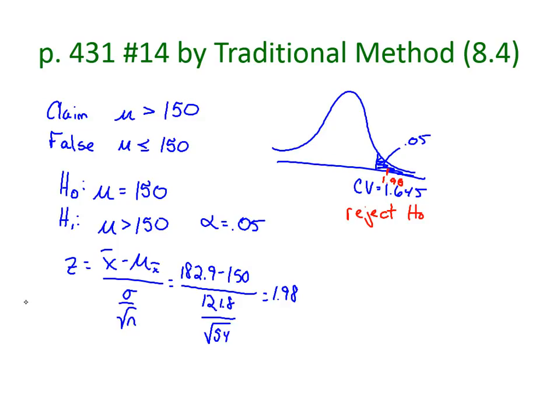If you're out here in these extremes, past my critical values, my rejection region, then I reject that null hypothesis. If I'm in this place where it's close enough that it might have just happened by chance, then you fail to reject your null hypothesis. Because now it's close enough that it may actually be 150, and I can't say that was wrong if it's in this non-shaded region. Okay, other questions?